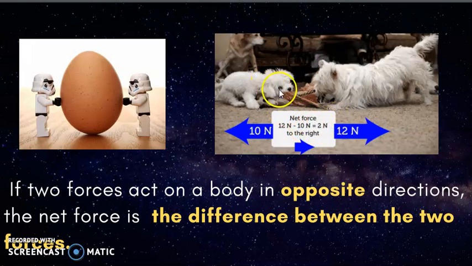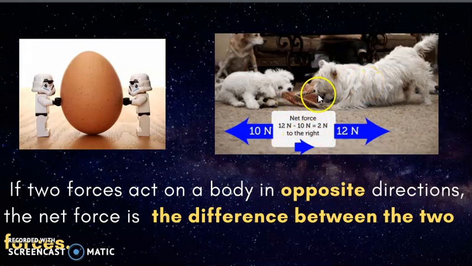Yes, you will take the difference between the forces that are applied. For example, here this dog is big and it is applying how much Newton force? Yes, 12 Newton force, and this dog is applying 10 Newton force. So what would happen? Yes, the one which applies more Newton force, the object will move towards that end.